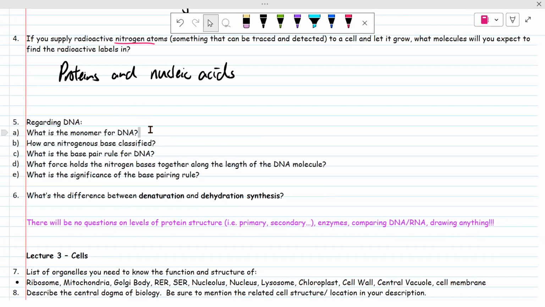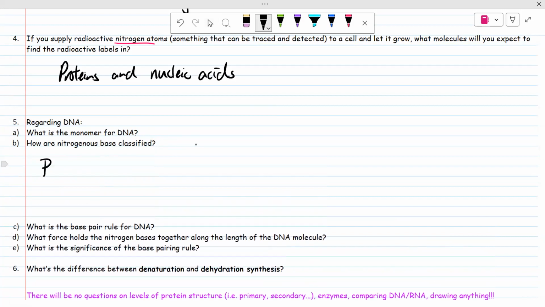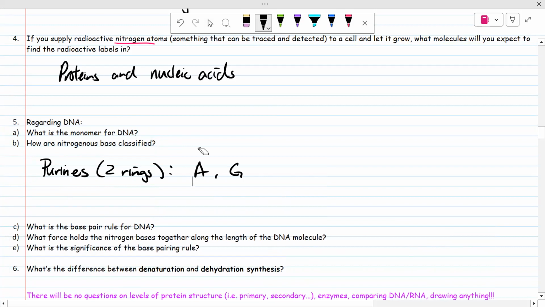We already talked about the monomer of DNA, which is the nucleotide, so I'm not going to go through that again. How are the nitrogen bases classified? Well, we know there are the purines. Purines have 2 rings, and they are A and G. I keep telling you to remember pure as gold. And purine has 2 syllables, so 2 rings.